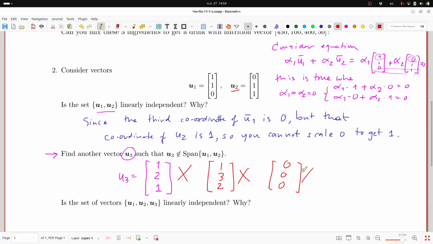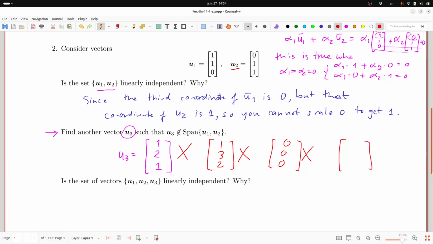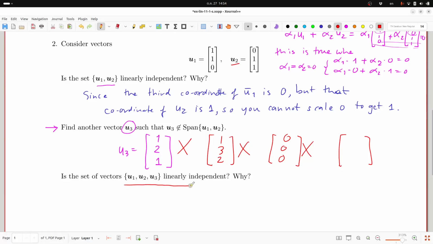So, okay, pick one, and then try to argue that this set of vectors is linearly independent. There are a few possible answers. This one is also good.